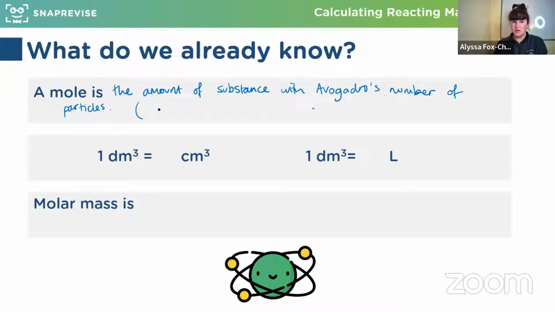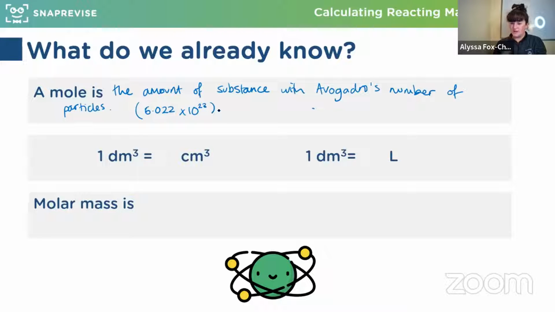It's the same across the board, but one of the exam boards, I think it's OCR but I'm not 100% sure, does ask for it to one more decimal place. But it's 6.022 times 10 to the power of 23. It's that many particles. So a mole is the amount of substance with Avogadro's number of particles, i.e., instead of us saying a dozen is 12 things, a mole is 6.02 times 10 to the 23 things. Same concept.